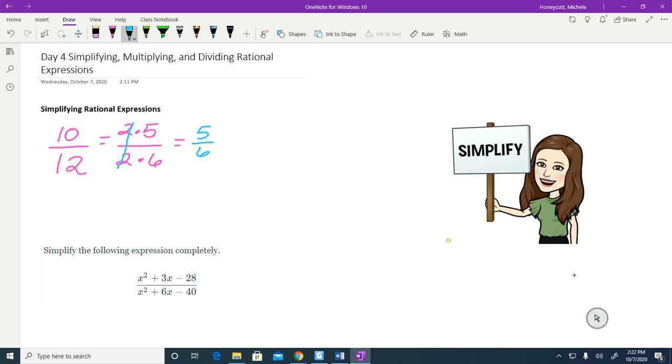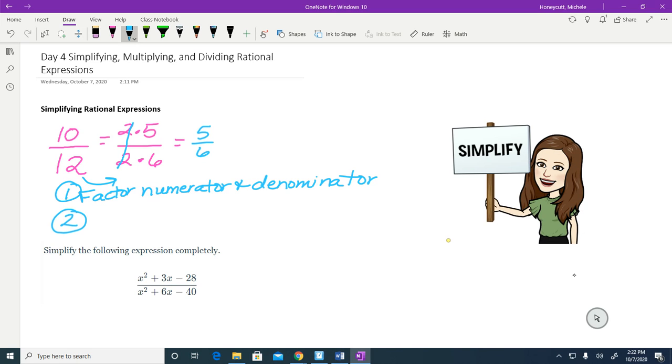So notice here we factored the numerator and the denominator. That's what we did first. We factored the numerator and denominator. I'm going to call that step 1.